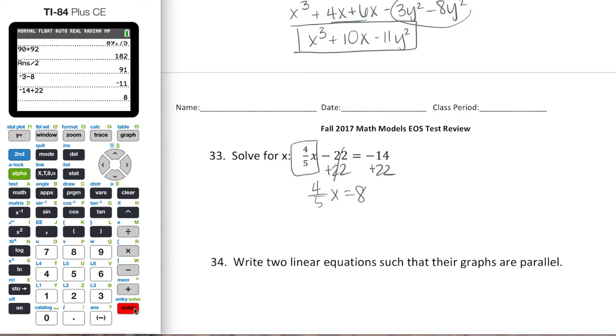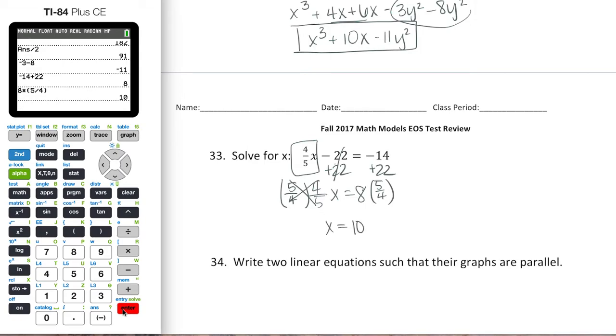Then what we can do is multiply both sides by the opposite fraction. So the upside down fraction, because we want it to cancel out. So we're going to have 8 times, and we have our fraction has to go in parentheses. Very important. Go in parentheses. 8 times 5 over 4. This fraction cancels out, and x equals 10.